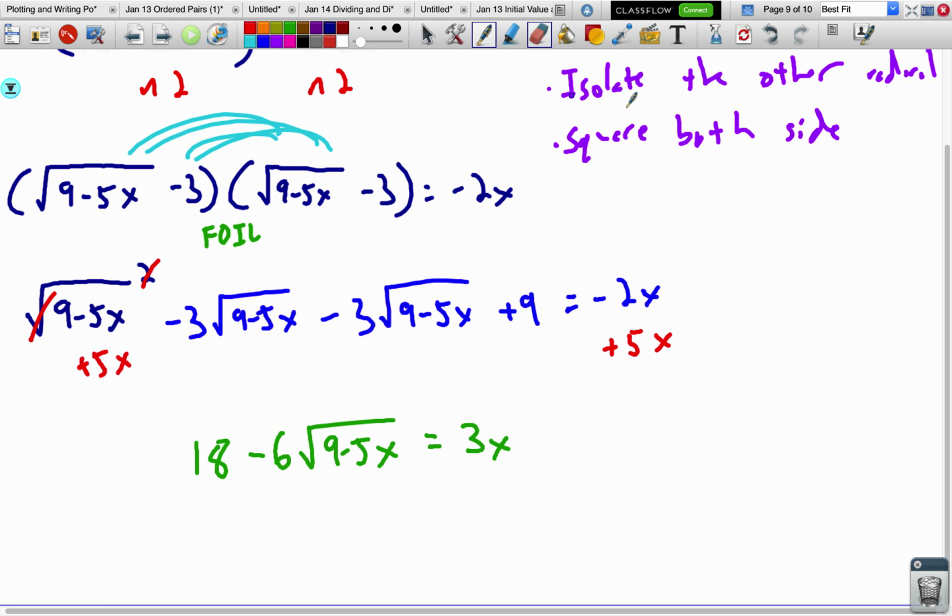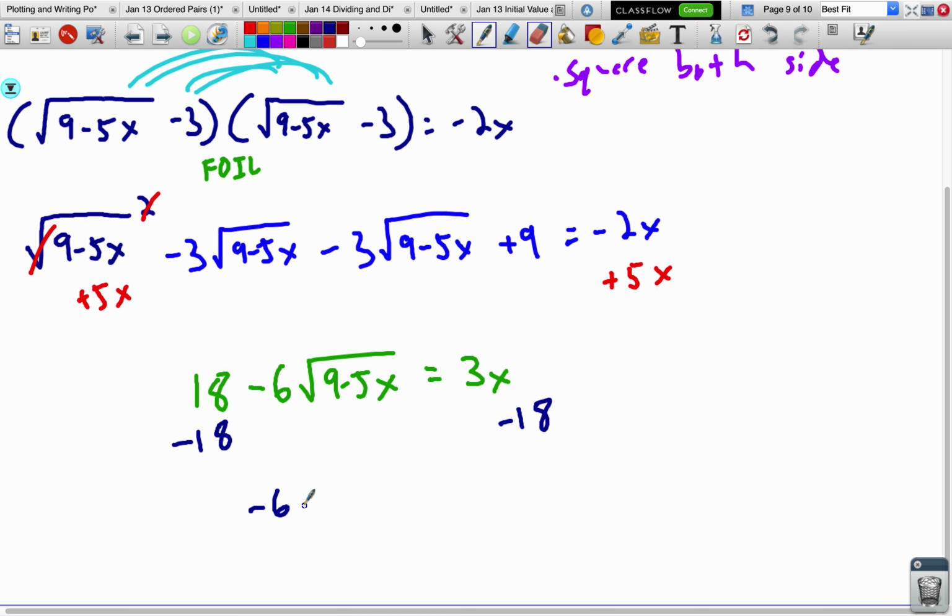All right, so now to isolate the other radical, let's just keep moving things away from this radical, and we'll be able to get it by itself. So negative 6 root 9 minus 5x equals 3x minus 18.